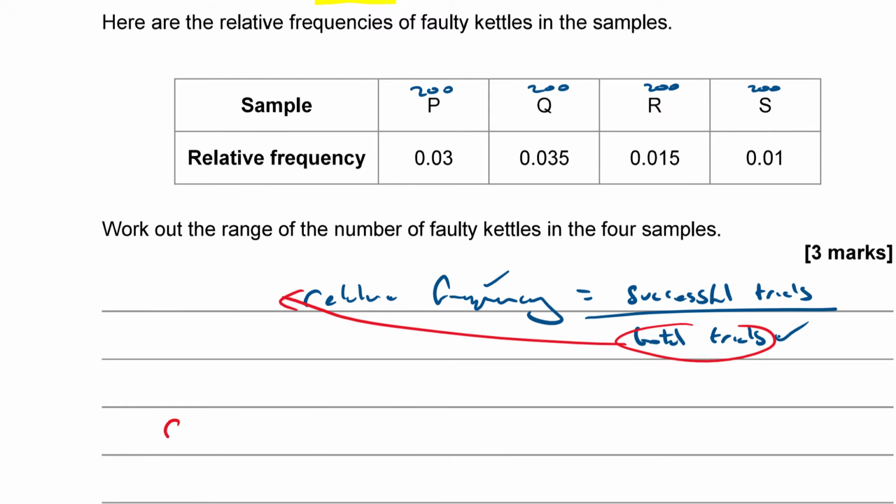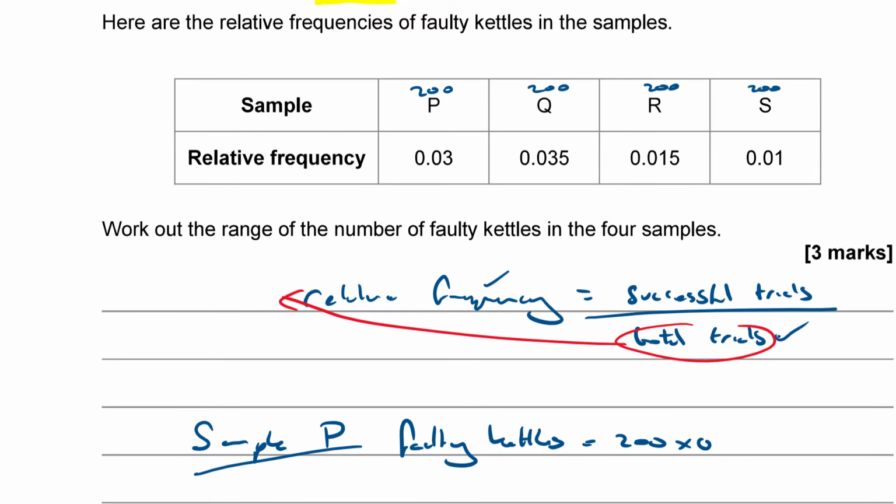Okay, so first up, sample P had a relative frequency of 0.3. So for sample P, I'm going to write all this down because if I type it in my calculator, I need to write it down. So in sample P, 40 kettles equals 200 times 0.3, which comes out to be 60 kettles.